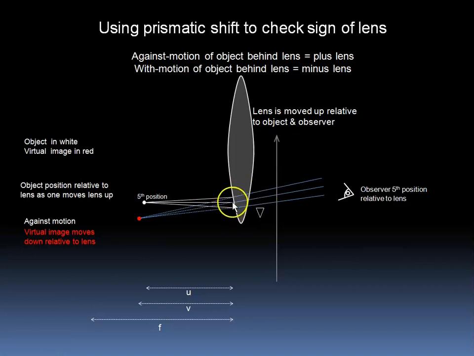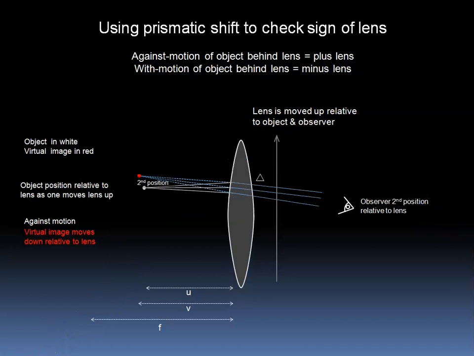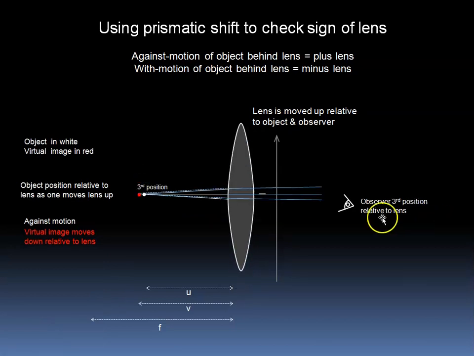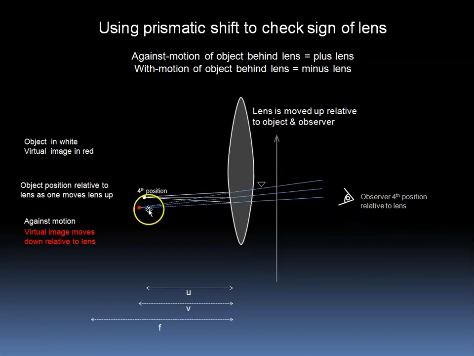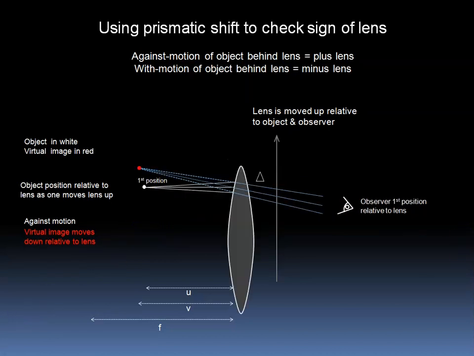It is still a base-up lens, but it is of higher power, and the virtual image is therefore shifted towards the apex to a greater extent than in the previous slide. The overall effect, as the lens is being moved up, is to have the virtual image move down. Watch one more time.